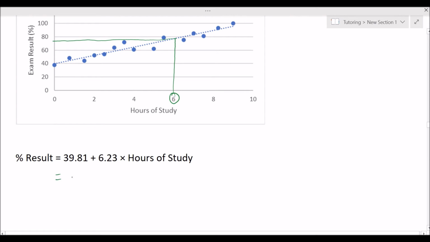So we can substitute 6 hours into that part of the equation. Okay, and let's see what we get. Put that into your calculator and you should get 77.19%. So someone who studied 6 hours has a predicted result of 77.19%.